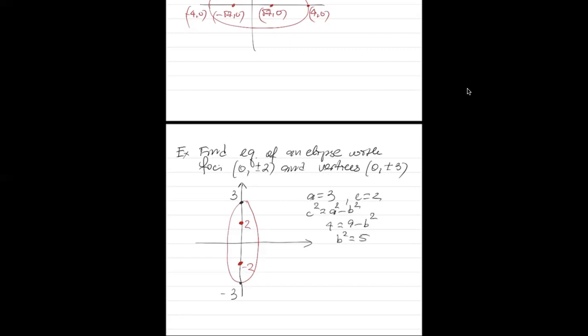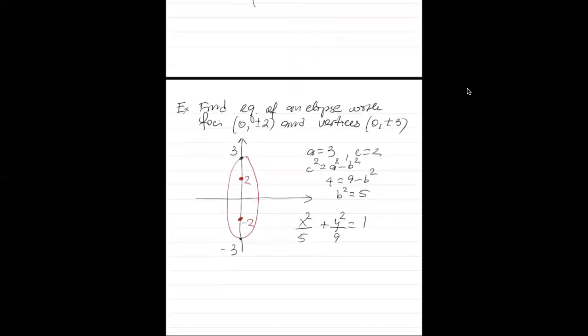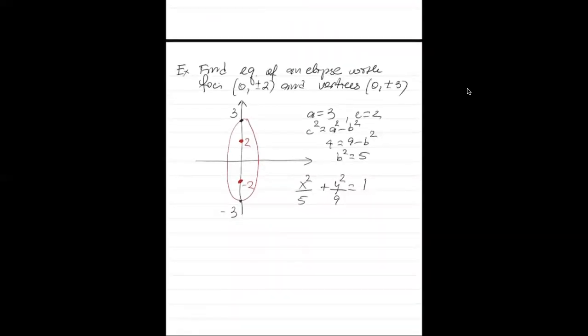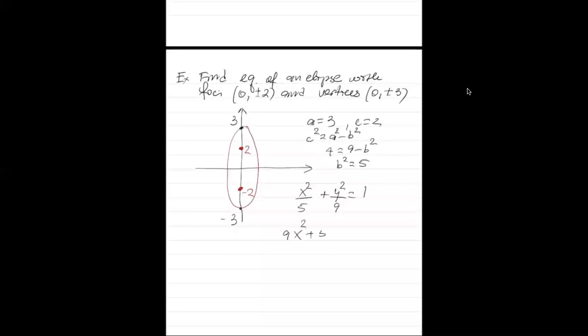So we can write the equation of the ellipse x squared over b squared, which is 5, plus y squared over a squared, which is 9, is equal to 1. We can also multiply by 45 both sides and have 9x squared plus 5y squared equals 45. So either equation is fine. And that concludes part 1 or part A of the video.